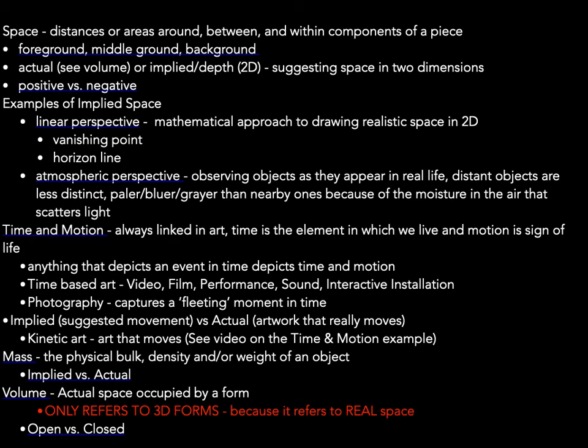The positive versus negative space, or how much space something takes up on the artwork, is another way that you can describe space in an artwork. And that's an important thing to understand, because implied space is not the only way to describe an artwork.